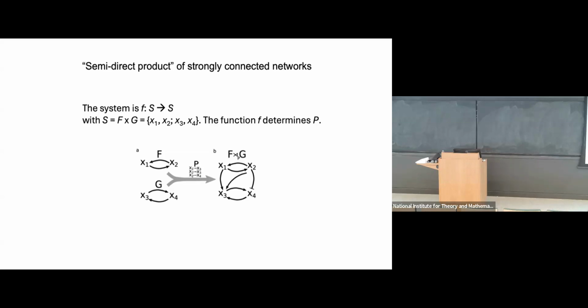We've written this, in analogy to language in group theory, as a semi-direct product, right? If there were no connections here, then this would just be the product of these two things, which is two independent pieces. They don't interact. So I don't need to consider them together. I can analyze them separately, right?